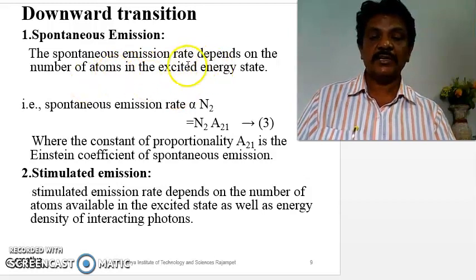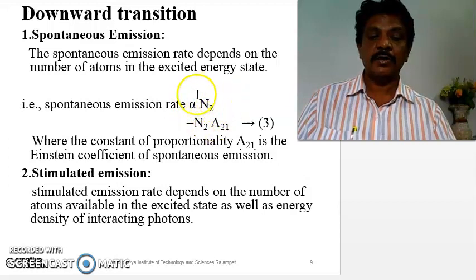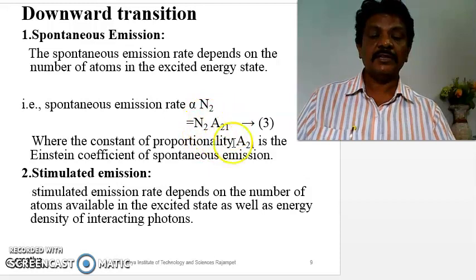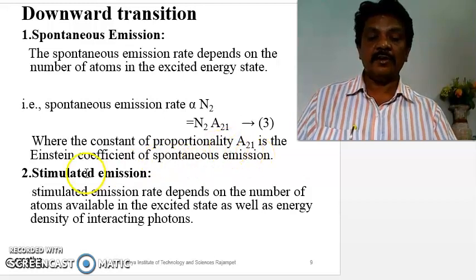The spontaneous emission rate depends upon the number of atoms present in the excited state E2, so it is directly proportional to N2. Therefore, the spontaneous emission energy is given by N2 A21, where A21 is the emission coefficient from 2 to 1, the Einstein coefficient of spontaneous emission.